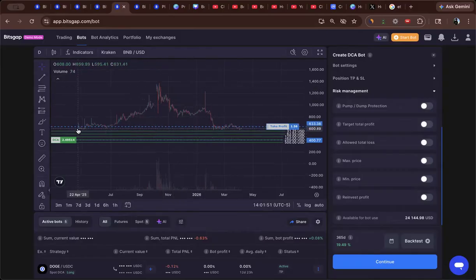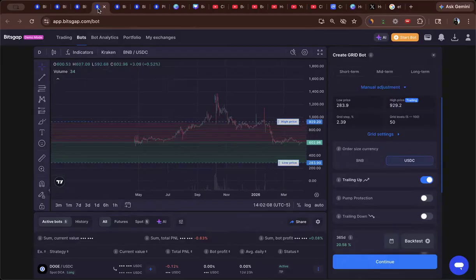So if you were to just buy $1,000 worth of BNB a year ago, you'd still have $1,000 worth of BNB. Nice, because you probably were too greedy to sell any at the top here. But these bots don't feel fear or greed, and they will just continue to buy and sell as the price triggers it.